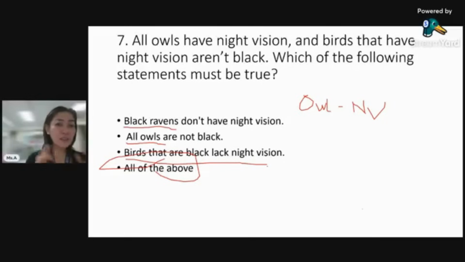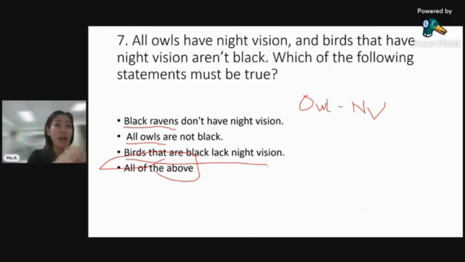Okay, black ravens don't have night vision. They don't have night visions kasi po unang-una black sila. And sabi nga po dito sa story na yan na ang mga birds po na may night vision, hindi po sila black. Eh, black raven yun. So, wala silang night vision. Correct yun. All owls are not black.